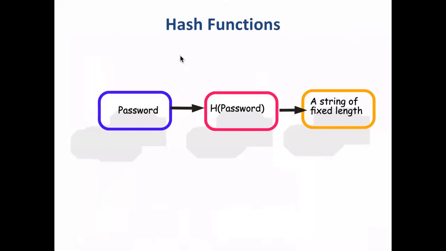So now the user will present the password, it will be hashed, and this hashing function is known to everyone. Okay. For a Unix system, for example, the hashing function remains the same. And this hashed password is stored, okay, which is a string of fixed length. So we'll study hashing functions maybe after a few classes. So now this is stored.